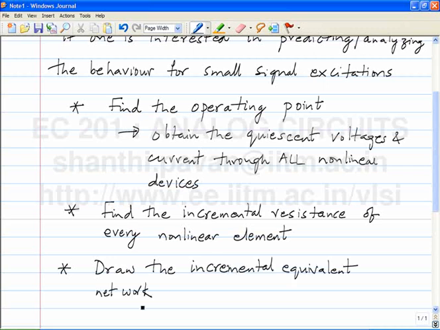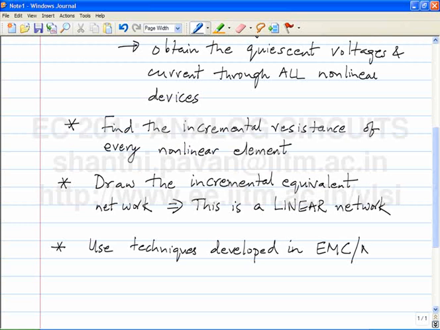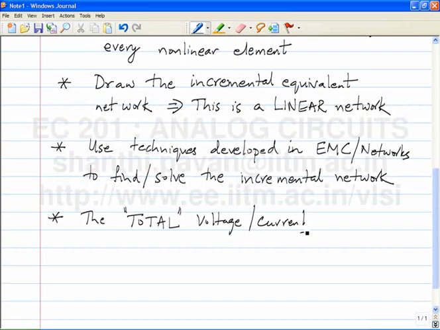And what do we know about the incremental equivalent network? This is a linear network. Use the techniques you have learnt in EMC or networks and systems to solve the incremental network, and once you have done this, you will also be in a position to find the total voltage or the total current at any node or through any branch.